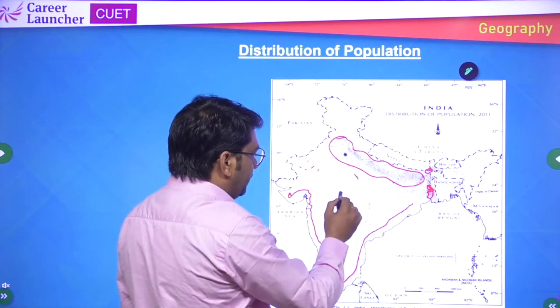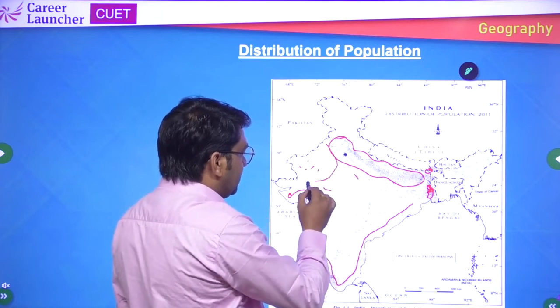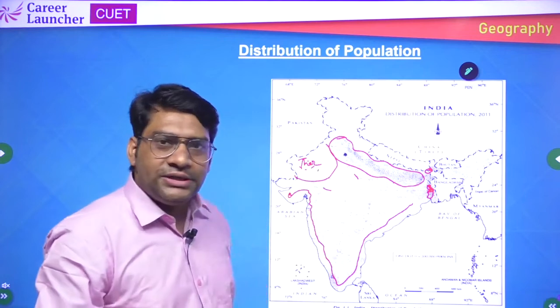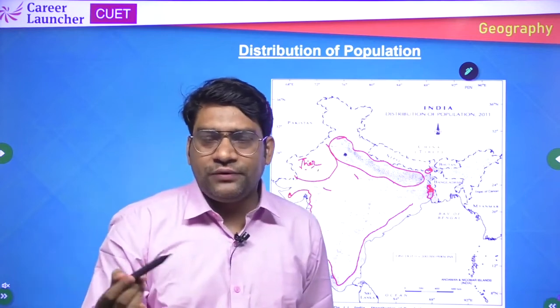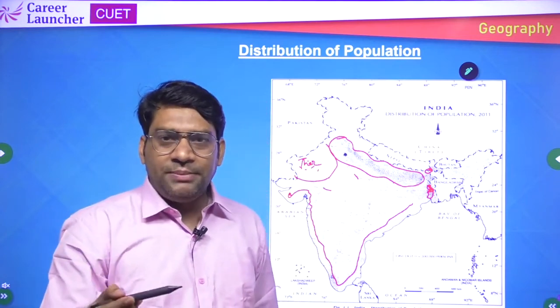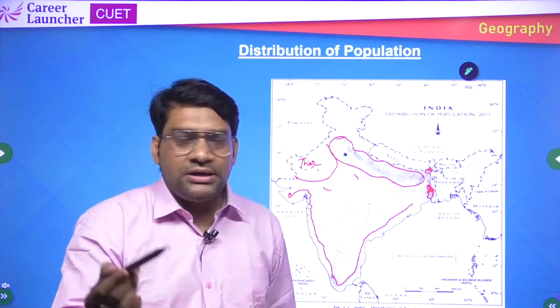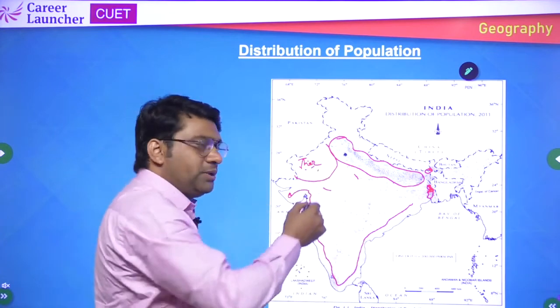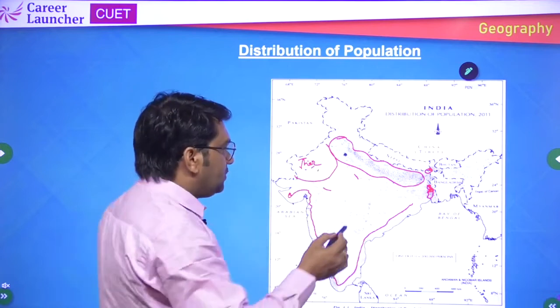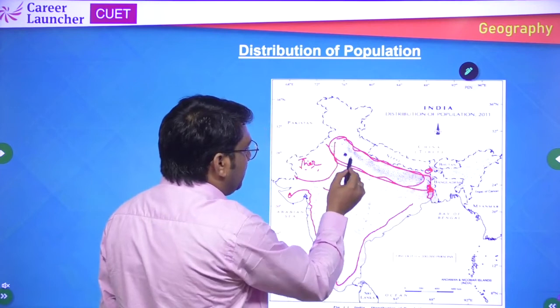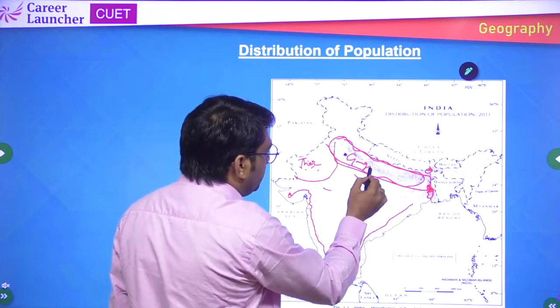Okay, central part of India, as you see, this is the Rajasthan area, this is the part of the Thar desert. So Thar desert, obviously a desert area, no geographical suitability for agriculture activity, but because of some government initiatives like Indira Gandhi canal की वजह से भी काफी सारे population यहाँ पर भी बढ़ना शुरू हुए हैं. Now this part of India is the northern plain. This entire part is called the Ganga plain.